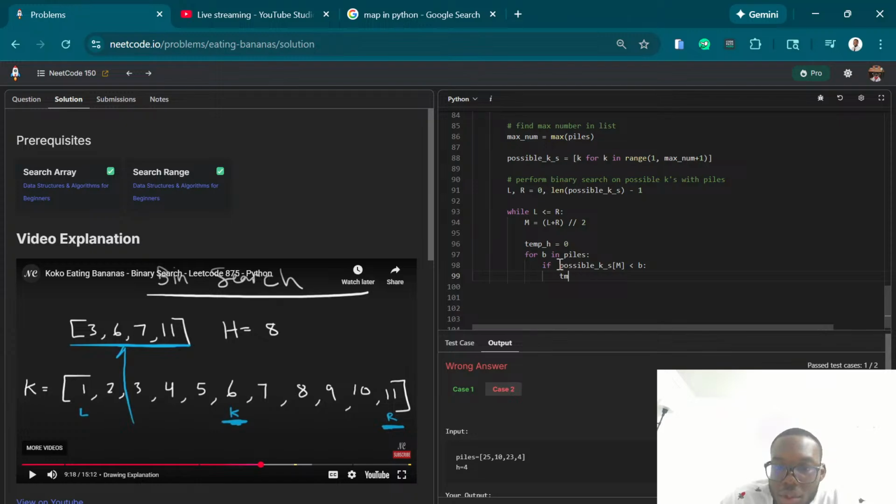And this is the term, smaller than, else we want to do divided by.